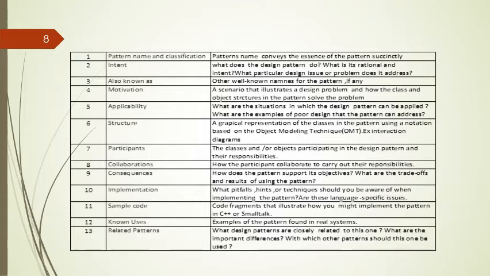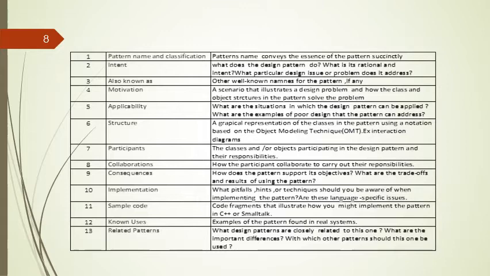Motivation, a scenario that illustrates a design problem and how the class and object structures in the pattern solve the problem. Applicability, what are the situations in which the design pattern can be applied? What are the examples of poor design that the pattern can address?